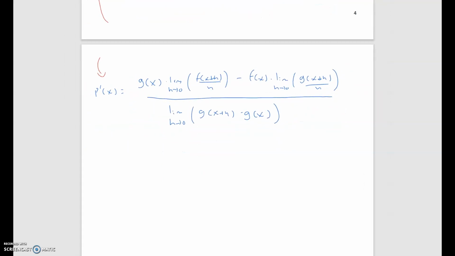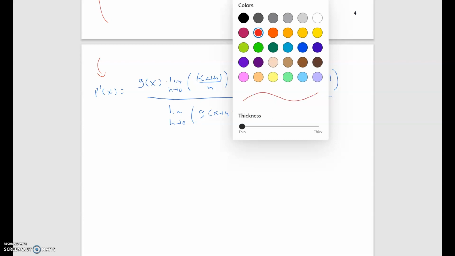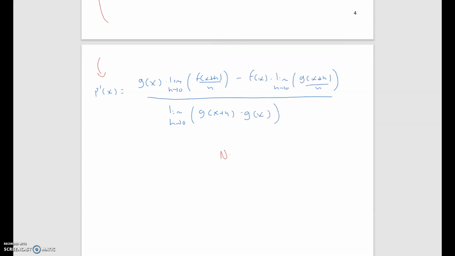Now at this point, I'm just going to put a disclaimer and do a substitution. So notice f prime of x is equal to the limit as h approaches 0 of f of x plus h over h, and also g prime of x is equal to the limit as h approaches 0 of g of x plus h over h.